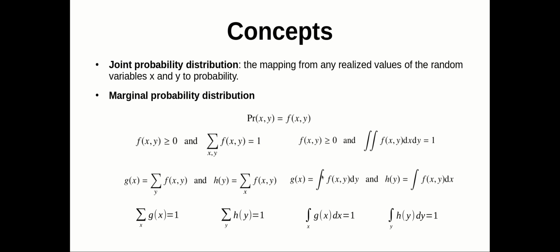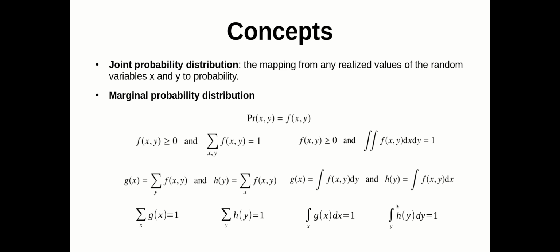We can also do a summation or integral over x, and then the result is going to be a function of y. Here we are denoting it as h(y), and h(y) is called the marginal distribution of y.